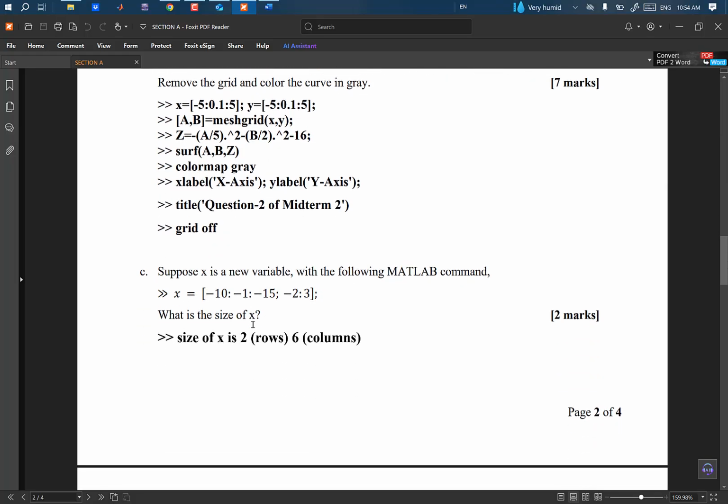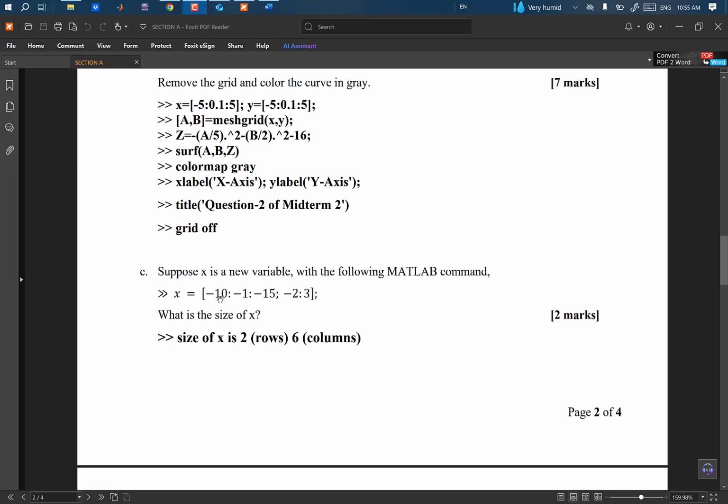Then the next one was, suppose S is a new variable with the following MATLAB command. So the question here is to write the following MATLAB command. What is the size of X? So basically you would see that when you look at this, you have negative 10 colon minus 1 colon 15.